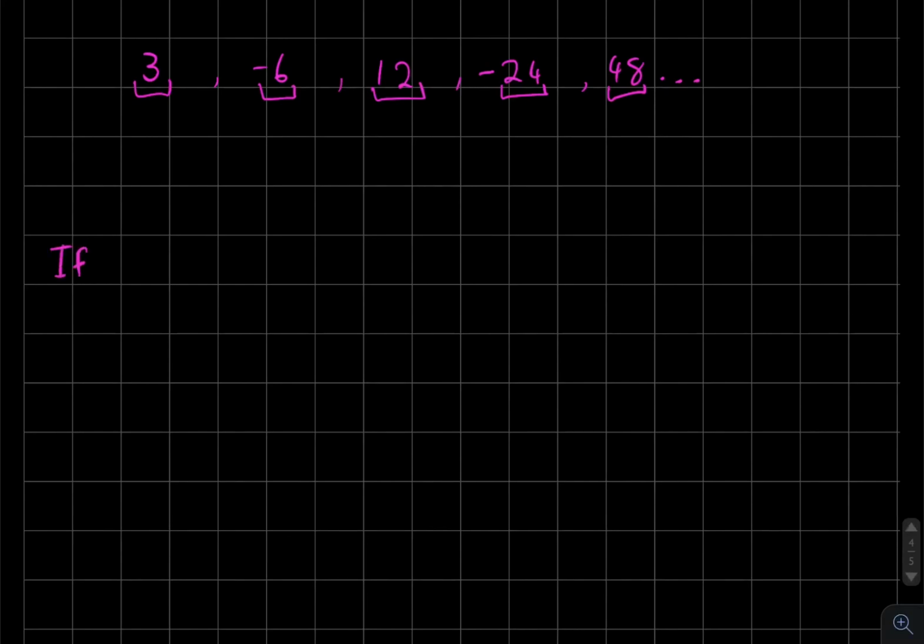So if r is between -1 and 1, the absolute value, and what absolute value means is just we're ignoring the negative signs. That's all that absolute value is.